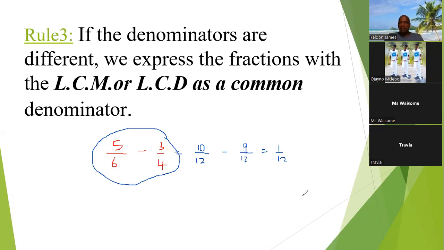So if the denominators are different, we find the LCM, and we use that to make equivalent fractions that we can subtract. So the denominator now would be the LCM rather than what we had before. So that's what you're really doing when you're adding and subtracting fractions where the denominators are different.